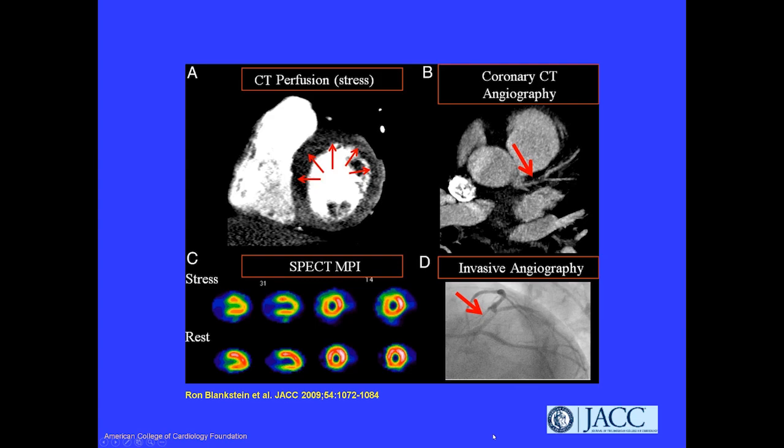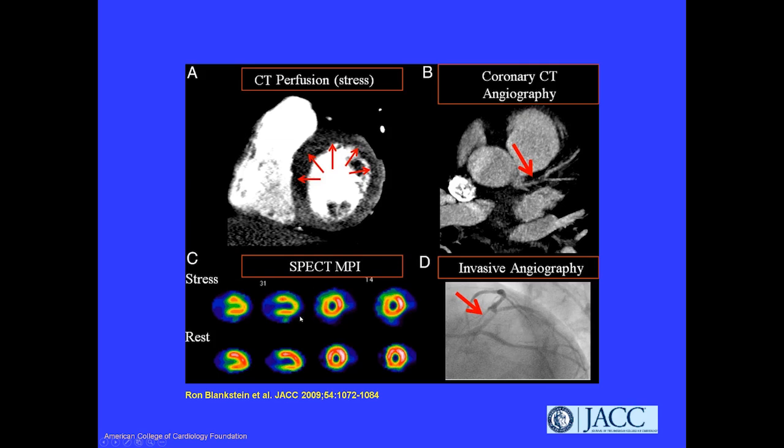That being said, even if you look at modern modalities, you can see CT perfusion imaging here on the upper left side, as well as associated coronary CT angiography. You can see the ischemia and the areas of stenosis, which correlate very well with the pathology that we see here on the catheterization.